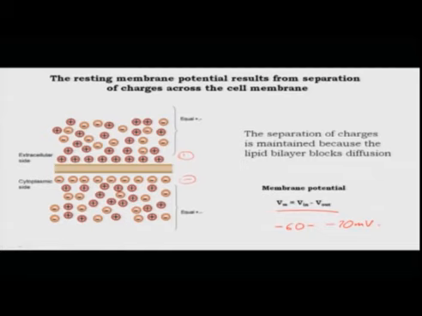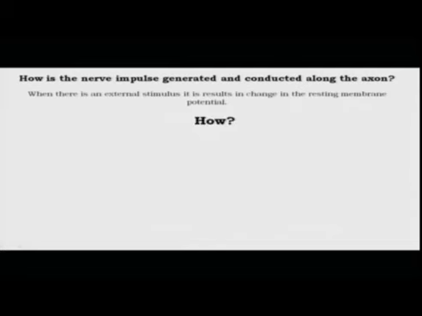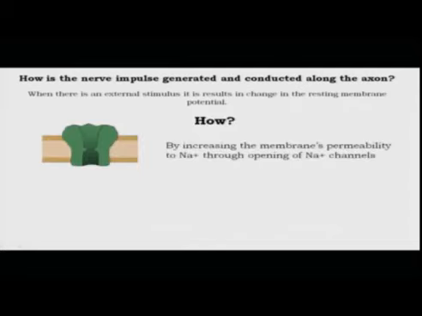Now, let us see how the neuron actually changes the membrane potential. The nerve impulse is generated and conducted along the axon by changing this membrane potential. So, when there is an external stimulus, there is a change in the resting membrane potential. How does this happen? This happens by way of ion channels.